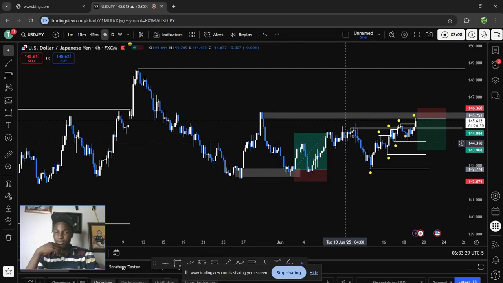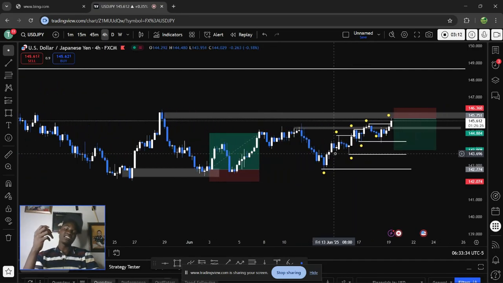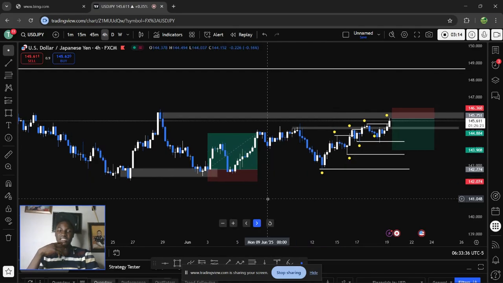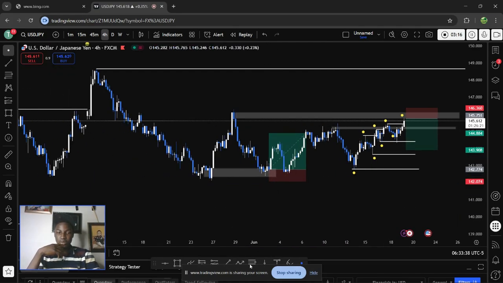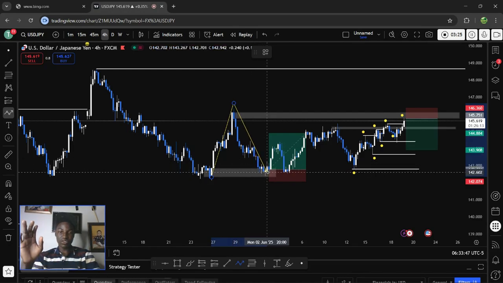So what now happened? A supply zone was formed. Boom. The picture now is that this supply zone is going to hold, but looking at it a different way, you're looking at the internal structure right now.